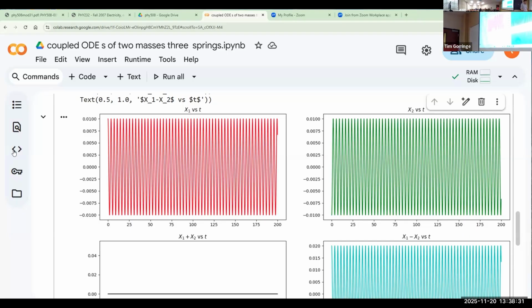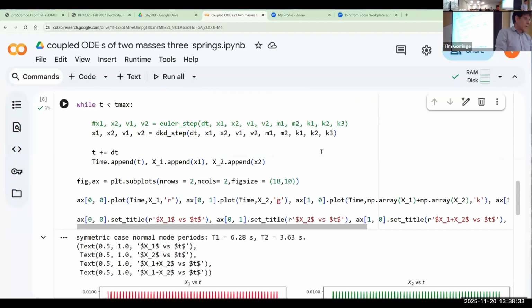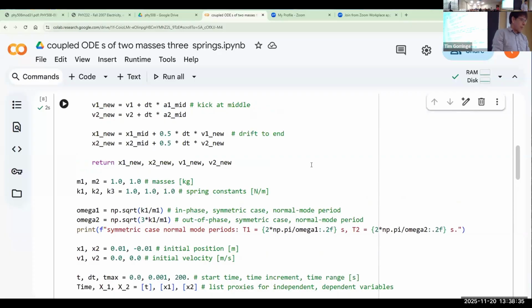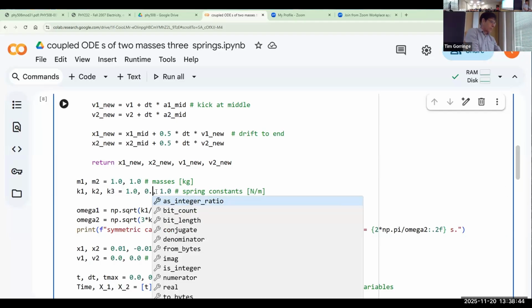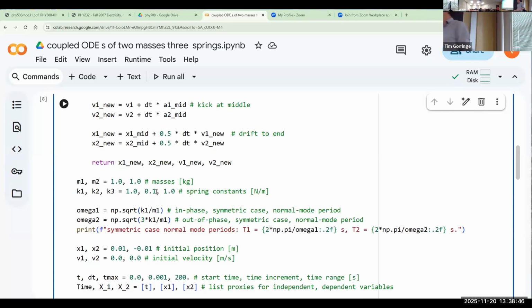Just to show a couple more cases. Let's make this a weak coupling spring in the middle. So it's not the same strength.